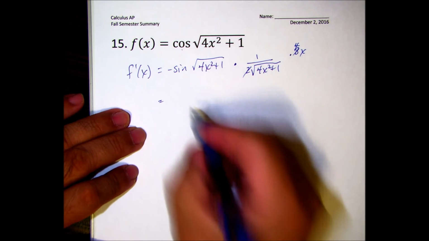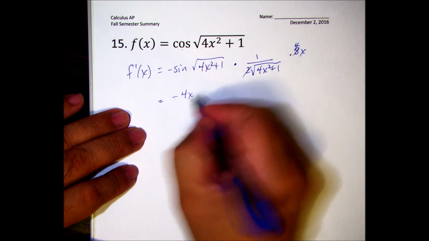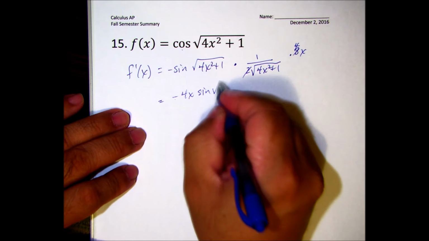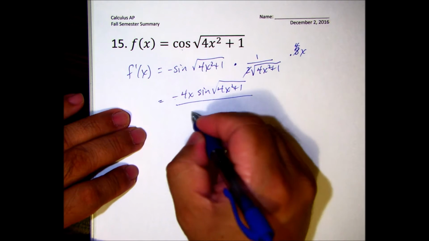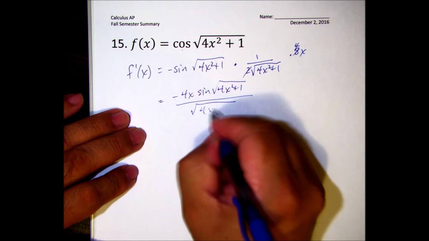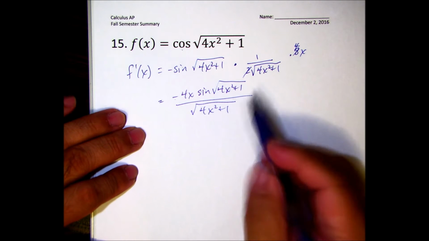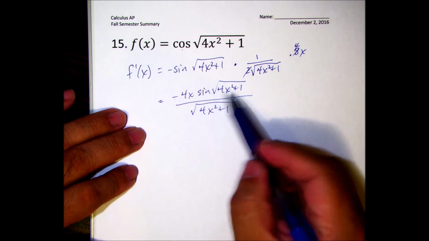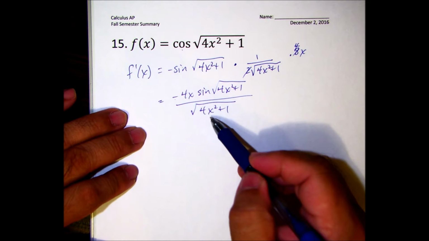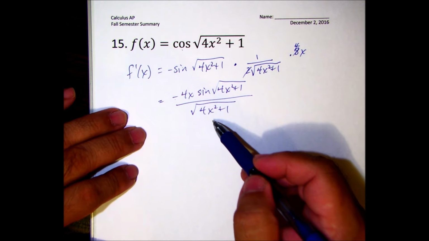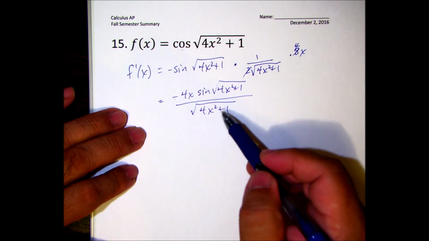So I'm going to have negative 4x sine of the square root of 4x squared plus 1, and in the denominator, the square root of 4x squared plus 1. And remember, the square root of 4x squared plus 1 in the sine can't cancel or reduce with the square root of 4x squared plus 1 in the denominator.